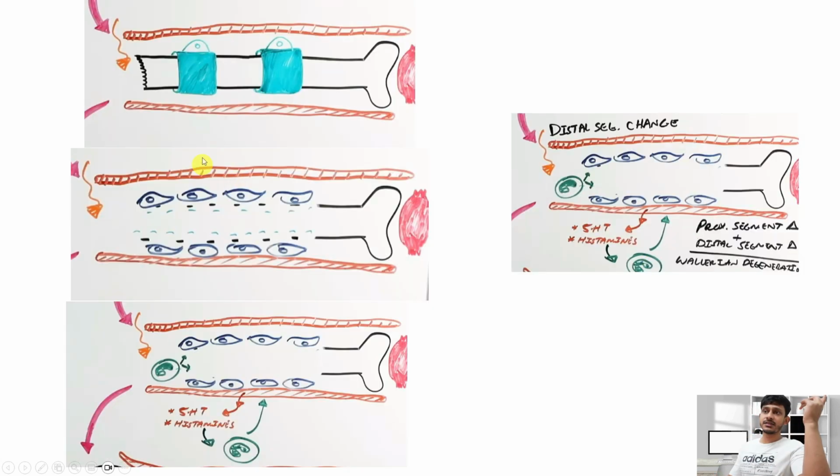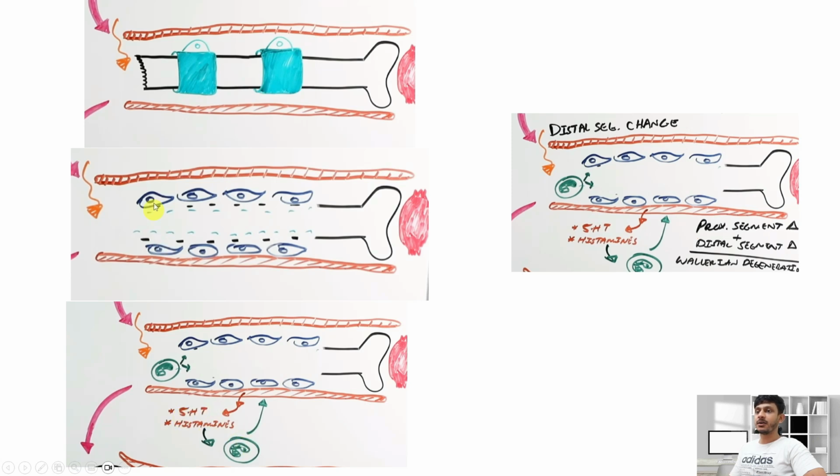Now we'll talk about what happens in the distal segment. In the distal segment, there's complete disruption of the axons and the myelin, and you can see the axons and myelin are completely degenerated, and these blue cells are nothing but Schwann cells. And why endoneurium is important is because the endoneurium produces 5-hydroxytryptamine and histamines. What this does is it attracts macrophages.